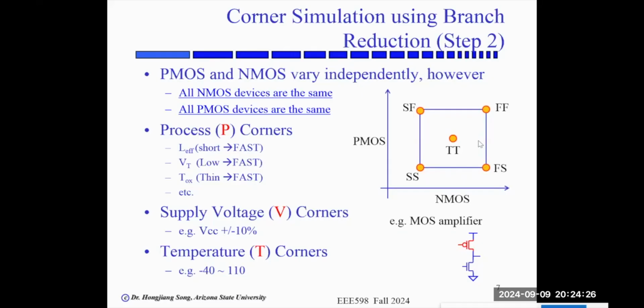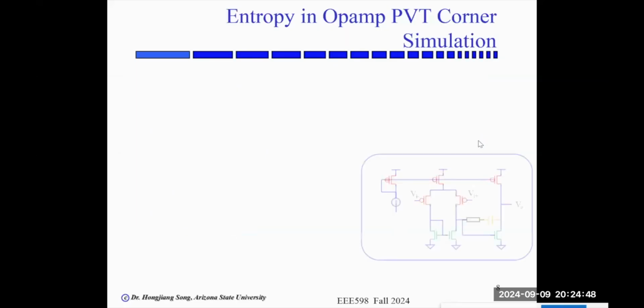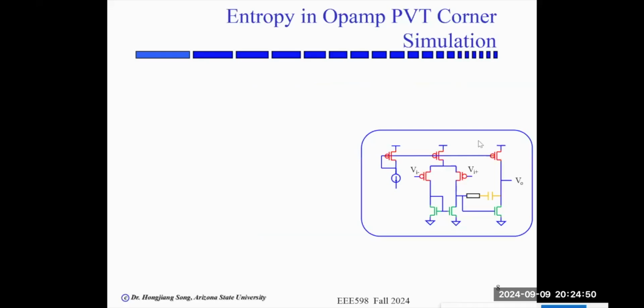That means we'll have the typical corner, where both N and P devices are in nominal condition. And then we'll have SS, where both devices are slow. And FF, where both devices are fast. And the SF and the FS, that means either N is slow and P is fast, or N is fast and P is slow.